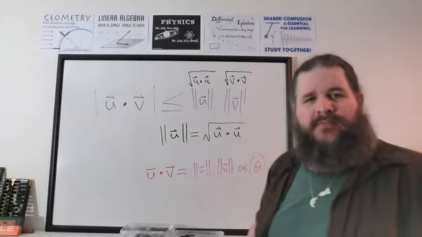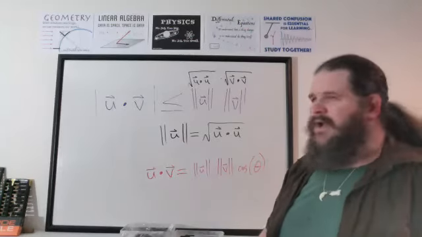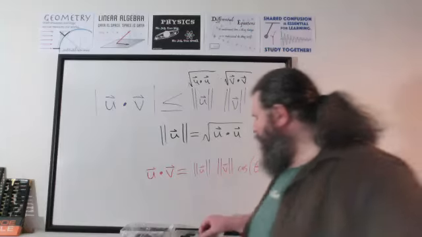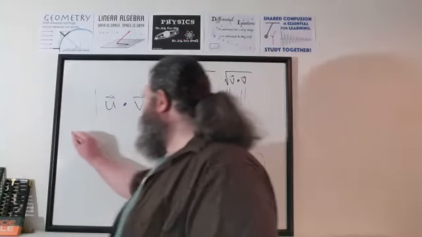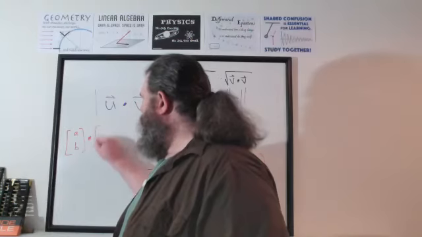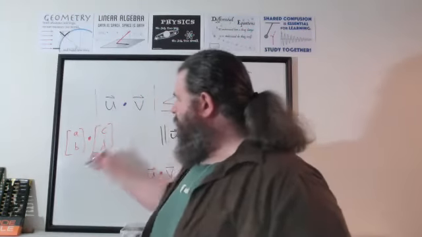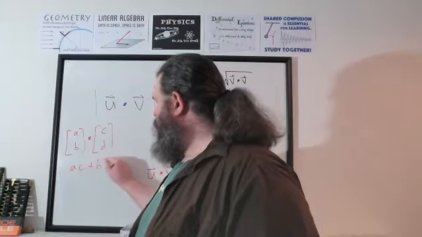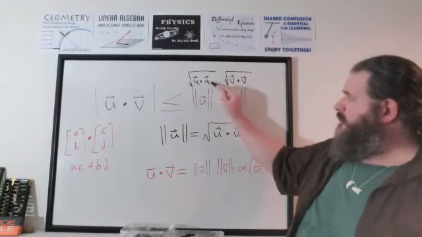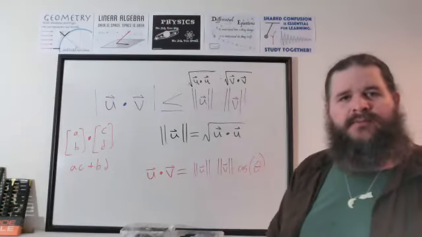And you can prove this algebraically. It's fairly straightforward, just kind of tedious to write out for any size vector. Let's say you've got 2 by 2 vectors, like A, B, and C, D. You can write that out as just A times C plus B times D. And likewise, you could write each of these out, A squared plus B squared in the square root, and then C squared plus D squared in the square root.